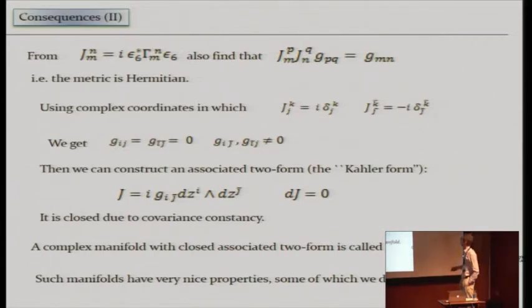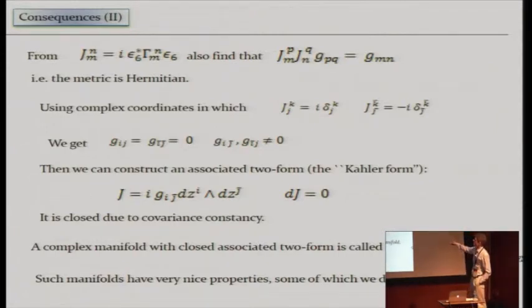So I can now put this tensor in the standard form, where it acts as plus i on holomorphic tangent vectors and minus i on anti-holomorphic tangent vectors. Okay. And if you now just plug this into this equation, you'll see that the ij components and the i bar j bar components of the metric just vanish. And the only non-zero components are the i j bar component and the i bar j component.